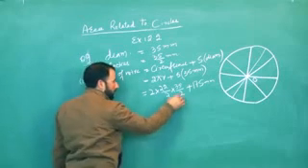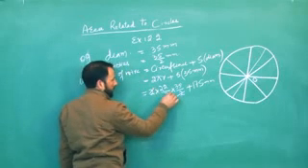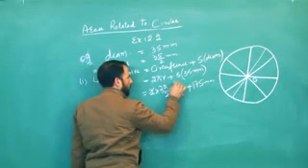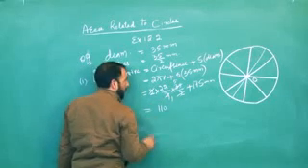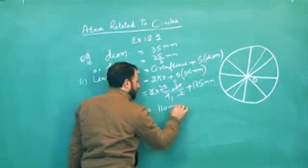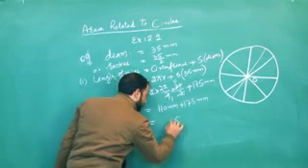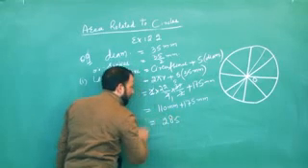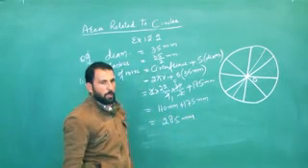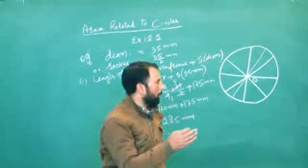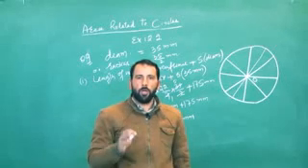Here we can cancel this 2 and 2, and 7 ones are 7, 7 fives are 35. Here it is 22 into 5 is 110 millimeter. So 110 plus 175 is 285 millimeter.